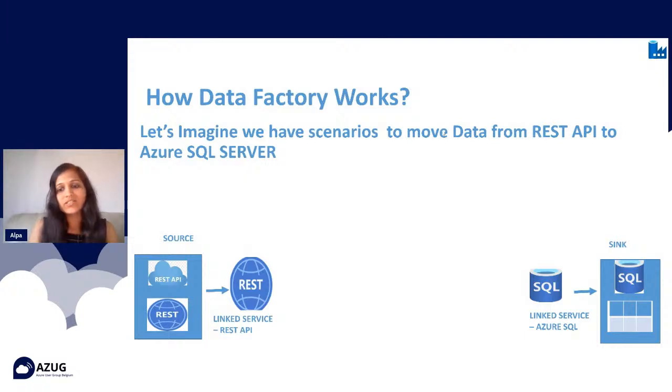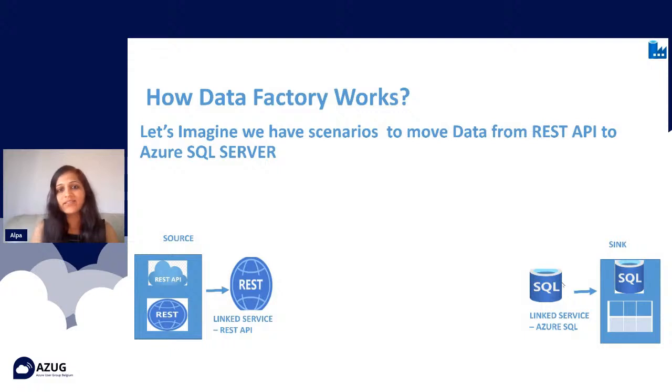In this linked service, I have information regarding SQL Server, like which SQL Server I'm going to call, which database I'm going to call, and based on which user information, like login information. So these all will be set in our source and sink linked services. So first, we need to create these two linked services, and they have all the information for a connection to your source and sink data source.